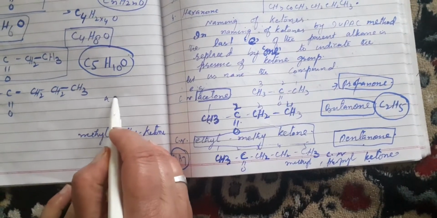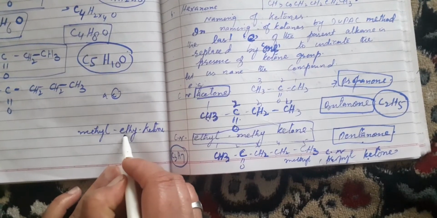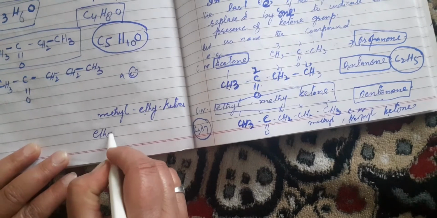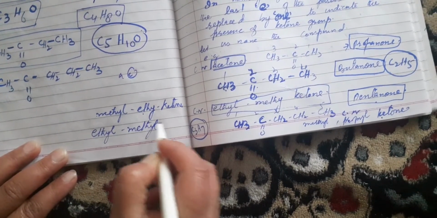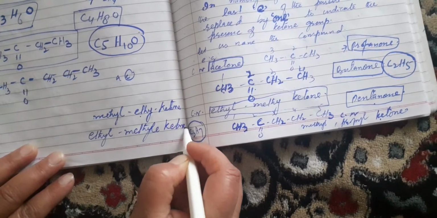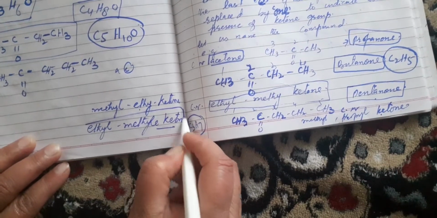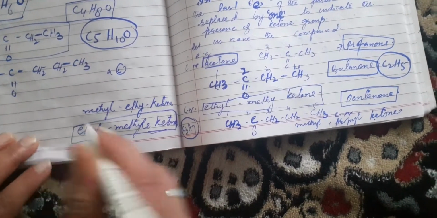The first letter E comes first, then M. So its name will be ethyl methyl ketone.